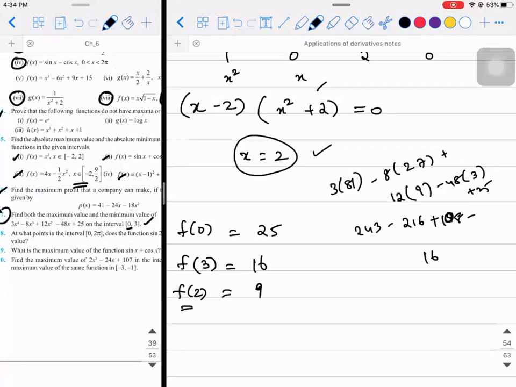What is the point of maxima? x equal to 0 is the point of maximum, because in the domain, the maximum value possible is 25 and the minimum value possible is 16, and 9 is an intermediate value.